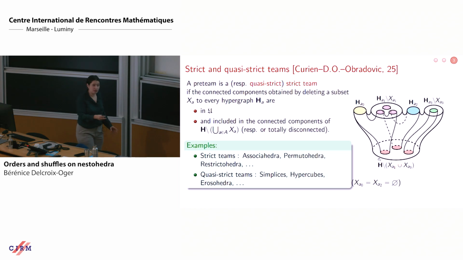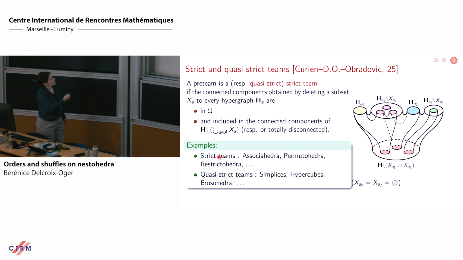So we want that if things are connected in the small graph while removing the subset XA, then it is still connected in the big hypergraph. That's a necessary condition to have the right equations.